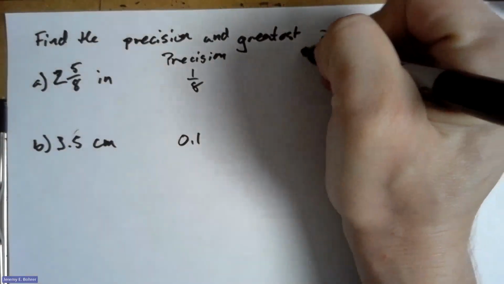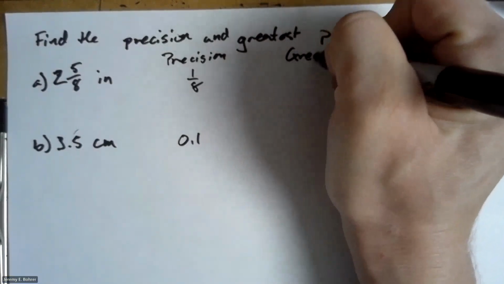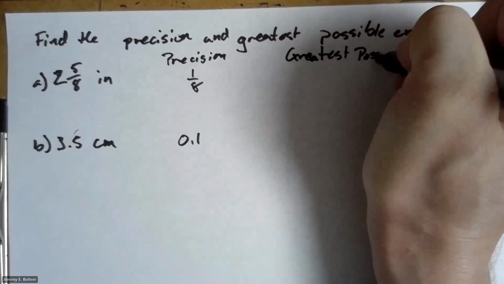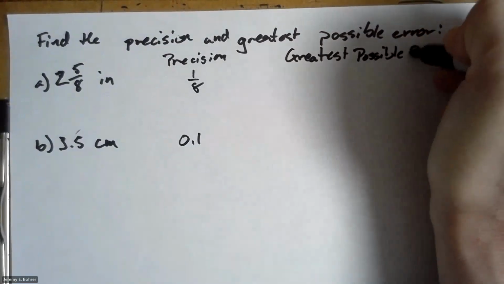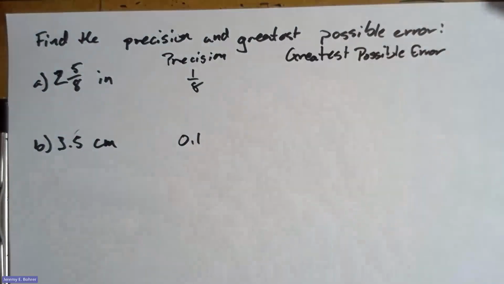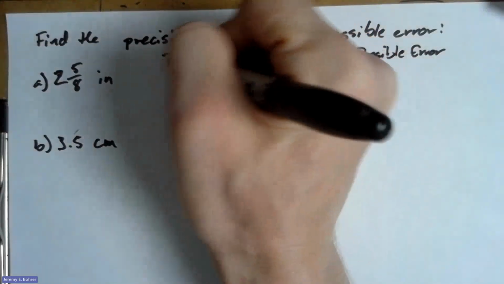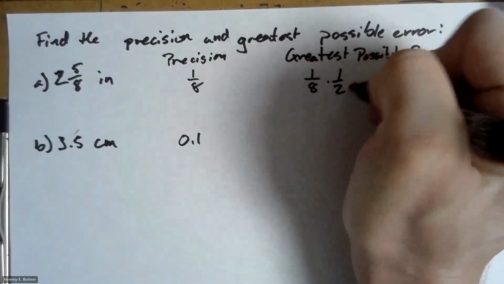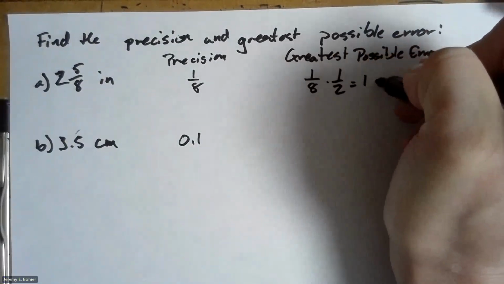The greatest possible error is 1/2 of the precision. So the greatest possible error is going to be 1/8 times 1/2, which is 1/16.